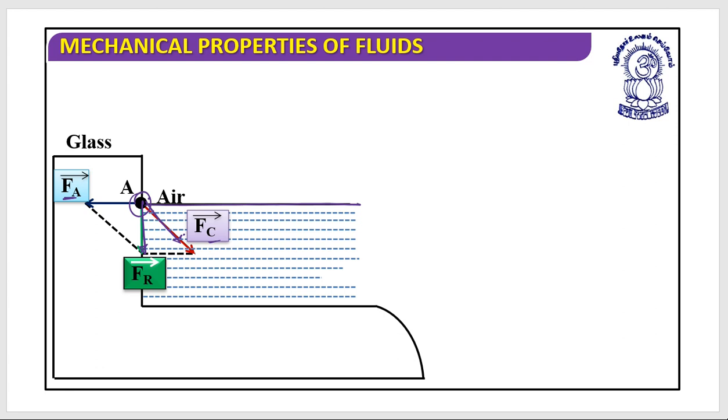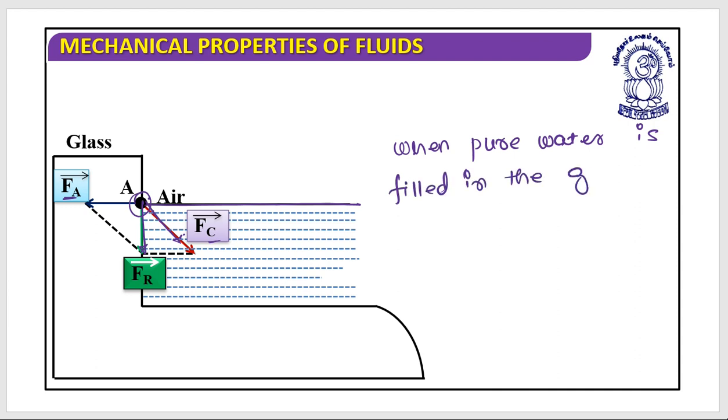This is the situation when pure water is filled in the glass container. I hope this is clear. So which kind of force would be greater, and which kind of meniscus would be there?